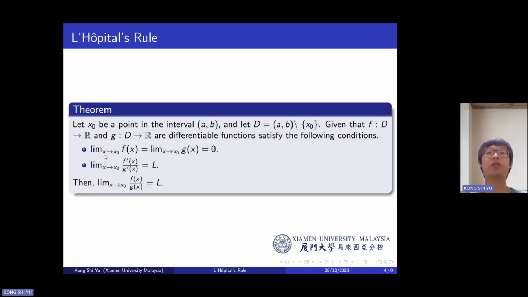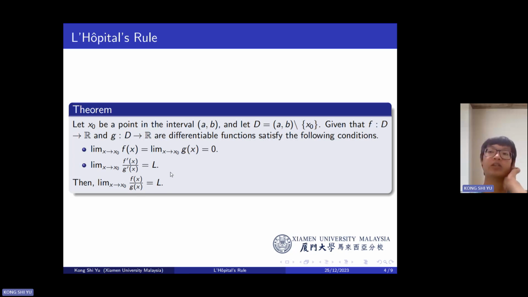The first condition is that as x approaches x naught, f(x) approaches 0, and similarly g(x) approaches 0 as x approaches x naught. Secondly, we have to make sure the limit of the derivative ratio f prime over g prime, as x approaches x naught, is equal to some finite number L. So when these conditions are satisfied, we can conclude that the limit of the fraction f(x) over g(x) as x approaches x naught will be equal to L as well.